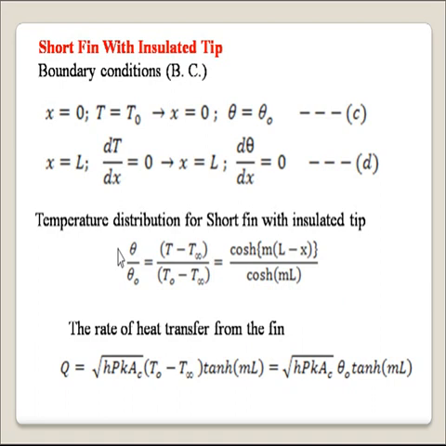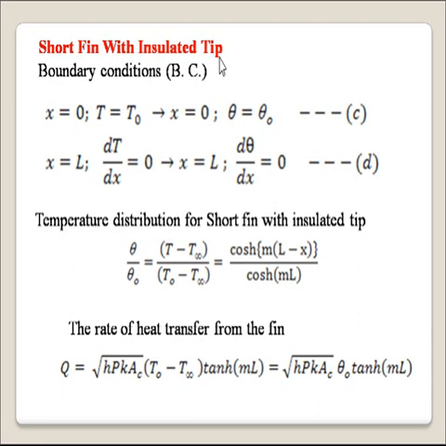Now we'll see the temperature distribution and heat transfer rate for a short fin with insulated tip. For an insulated tip, there is no heat transfer from the tip. This means we have an adiabatic condition at the tip, and from Fourier's law, Q equal to minus k dT by dx equal to 0.